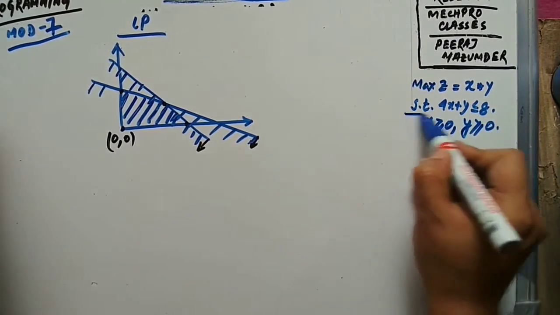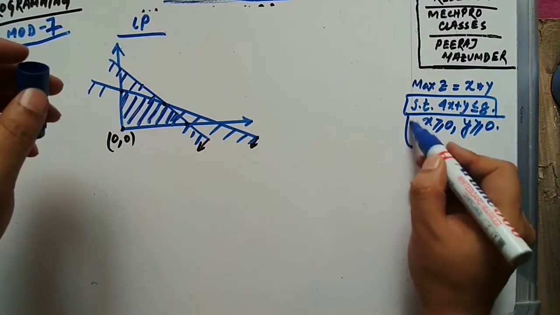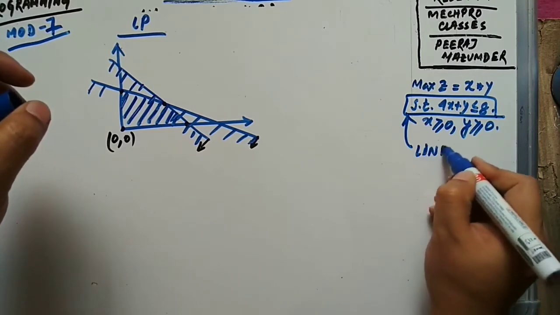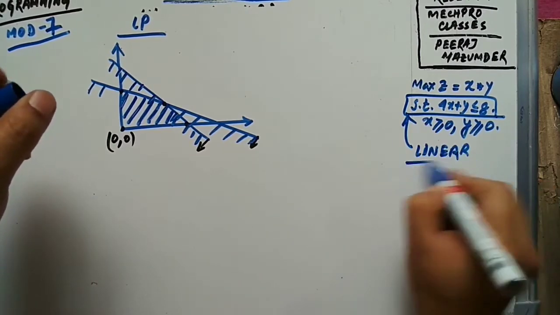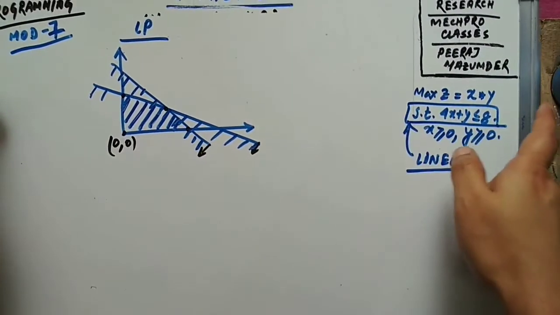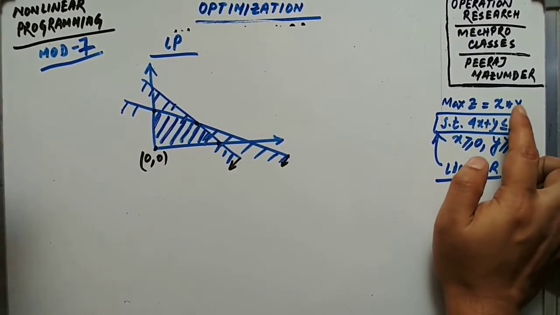Now look, the constraint is linear. But if you see the objective function, it says x into y, which is not linear. This is a non-linear objective function.